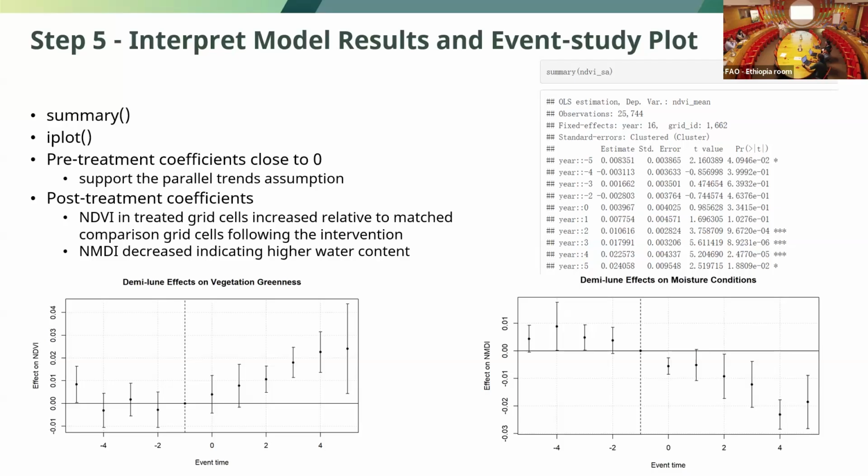That contains grid cells that do not have Demi-lunes yet, as well as those grid cells that never have Demi-lunes. So it's a combination of both.